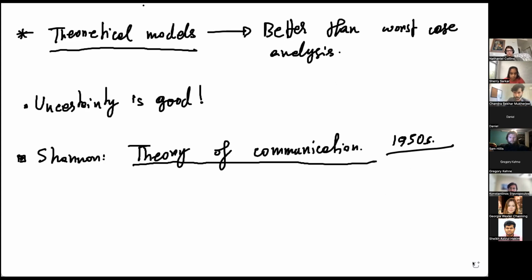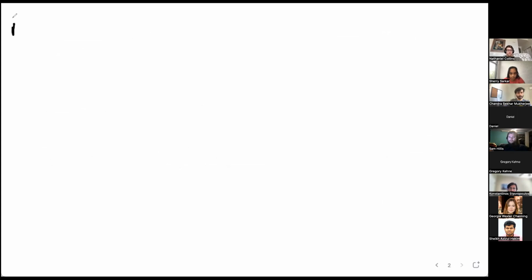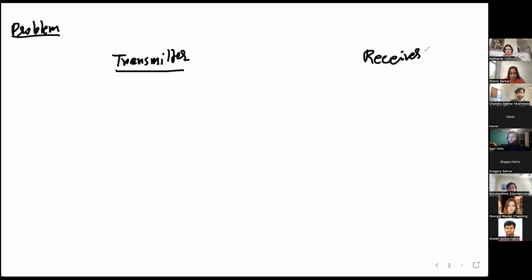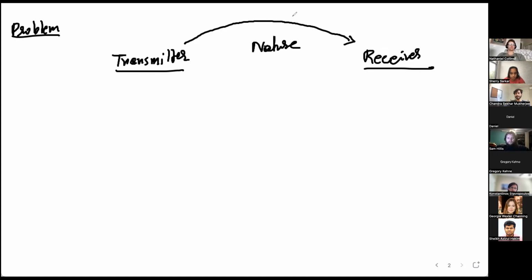The problem of interest is that we have a transmitter and a receiver, and we are going to send, let's say, digital or analog signals from the transmitter to the receiver. Then there is nature, and these signals will get distorted by nature. The question is how we reconstruct the signal.